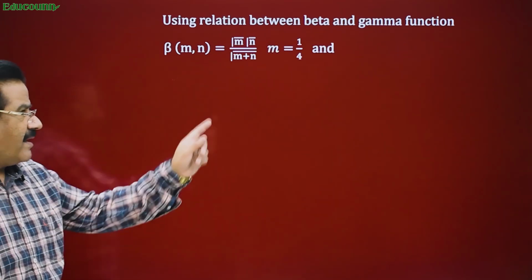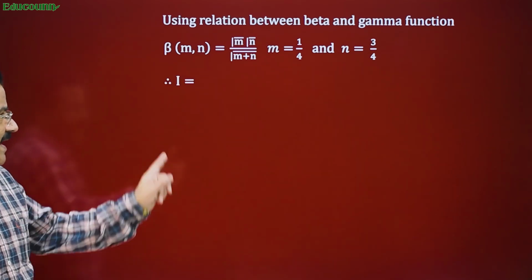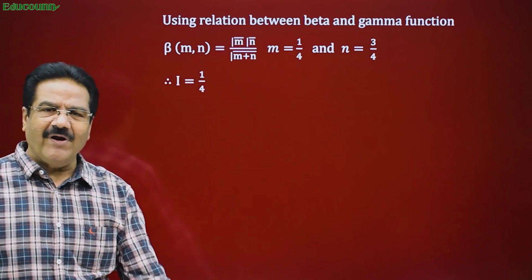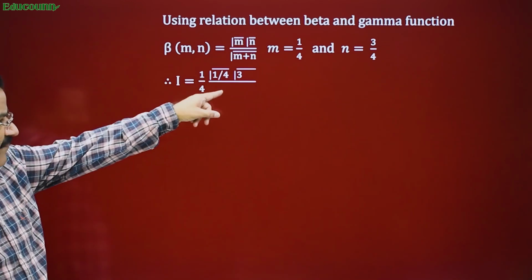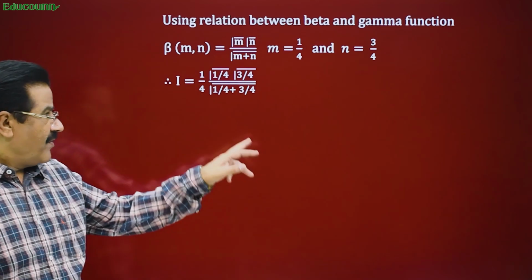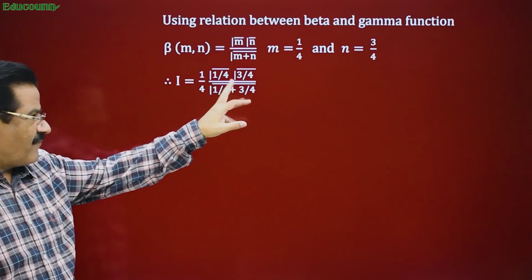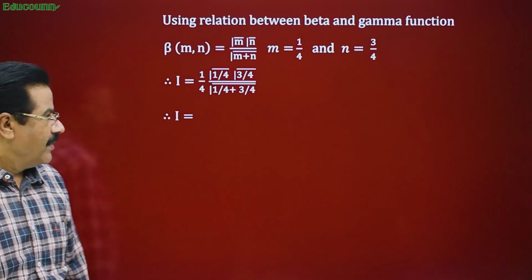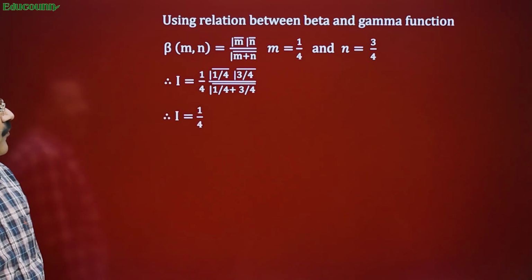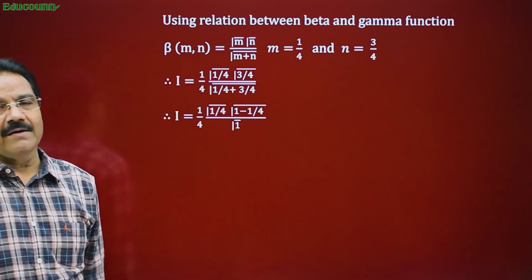So substituting these two values in the standard formula, we get I is equal to 1 by 4 as it is, gamma 1 by 4 gamma 3 by 4 upon gamma of 1 by 4 plus 3 by 4. Observe that 1 by 4 plus 3 by 4 is equal to 1, and therefore we are going to simplify this term in this manner.